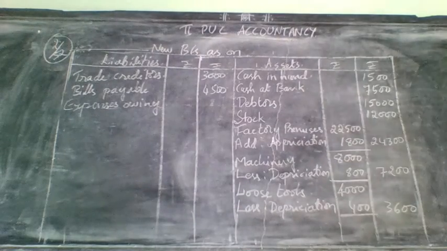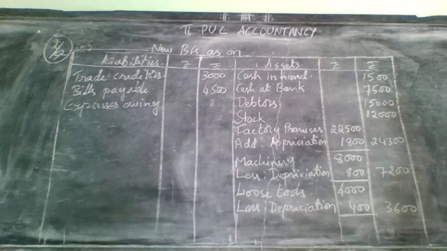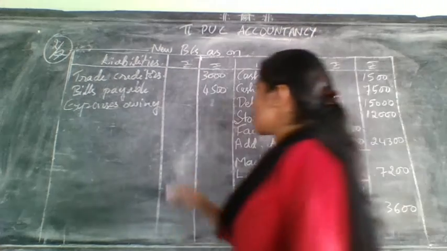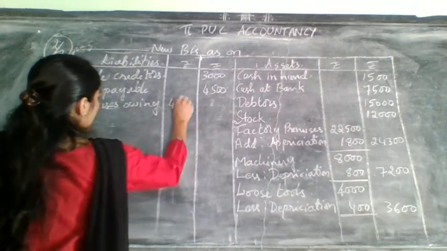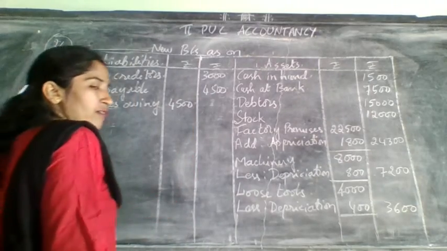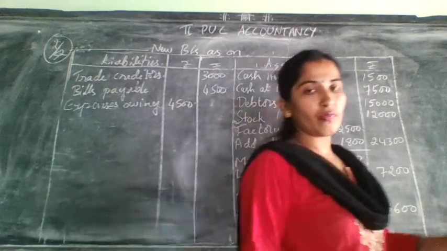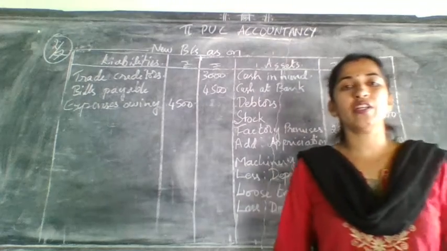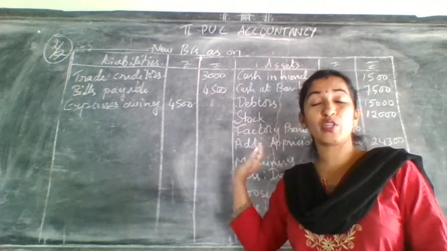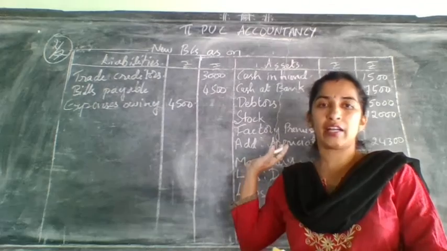What is the adjustment? When there is an adjustment, where you need to write that? You need to write that amount in the inner column. So expenses owing, it was 4,500 given in the liability side. Write that first. Then check in the revaluation account. See, it was given on which side? Credit side, right?